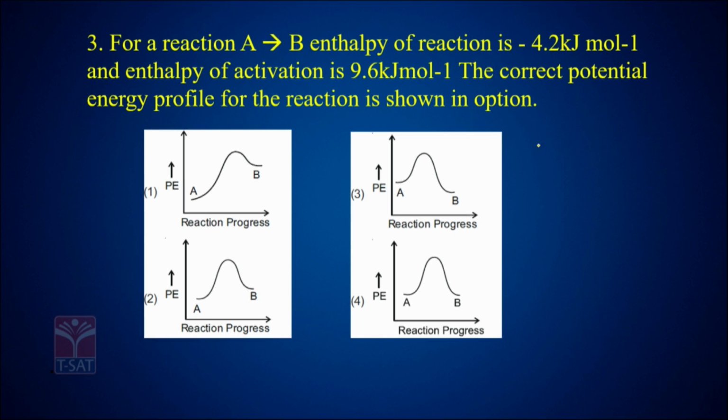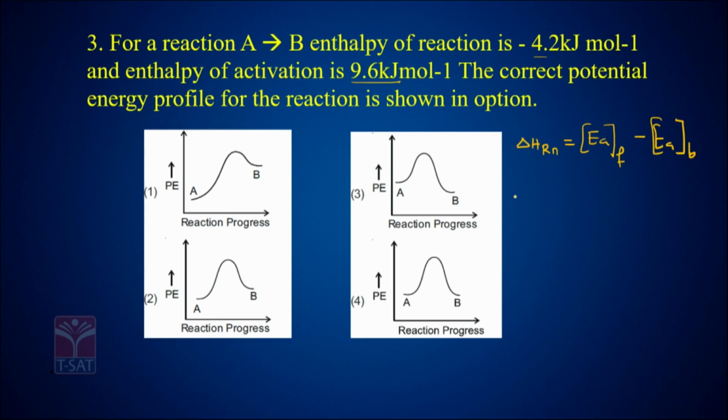See, enthalpy of reaction is equal to activation energy of forward reaction minus activation energy of backward reaction. For a reaction, enthalpy of reaction is 4.2 kilojoules per mole and enthalpy of activation is 9.6. Forward reaction is given as 9.6, right.